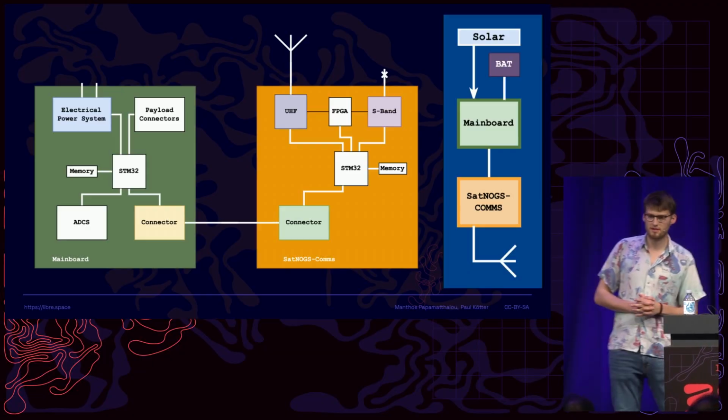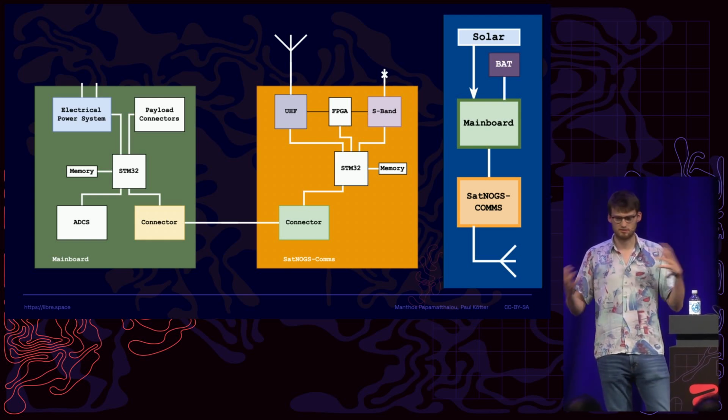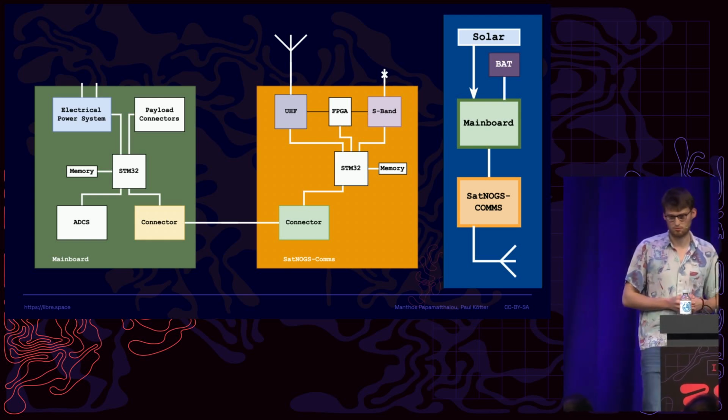Furthermore, it has some payload connectors so that other people can also integrate hardware into it and measure whatever they want, really. And we have the electrical power system. This subsystem is also very important. It handles all the solar panels and the battery, and measures whether the payloads are doing what they are expected to do.